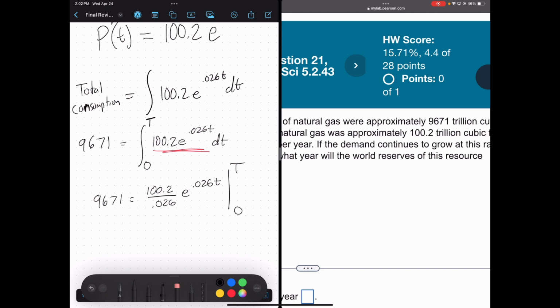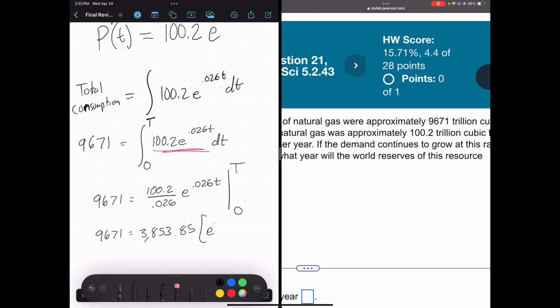What is 100.2 divided by 0.026? Okay, I get 3,853.85. And then I still need to evaluate it at my bounds. What happens when I plug in capital T? Nothing. It just replaces my lowercase t, right?